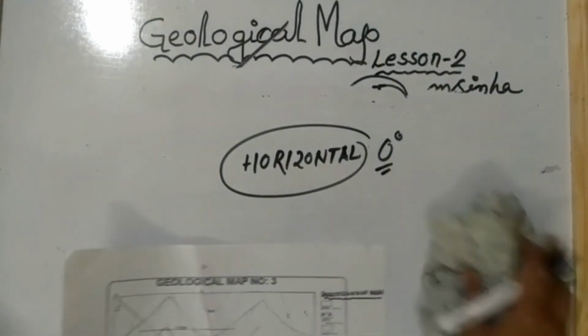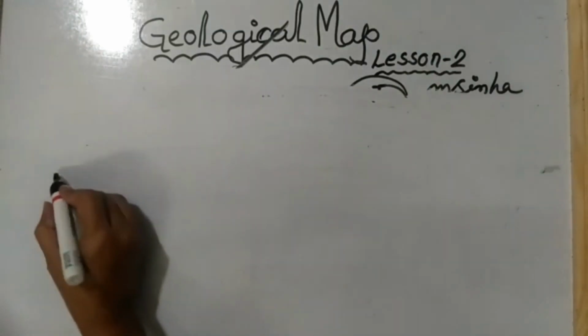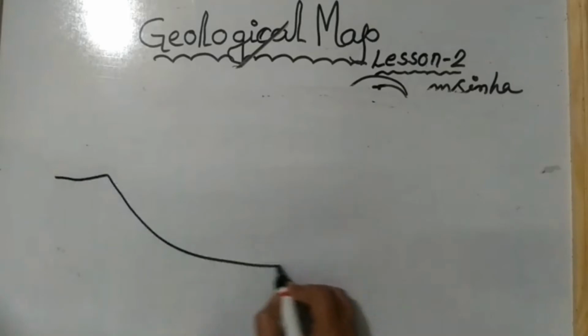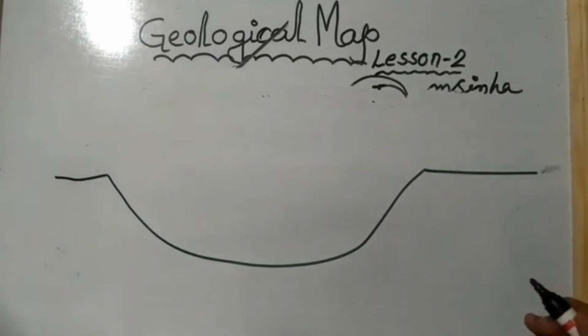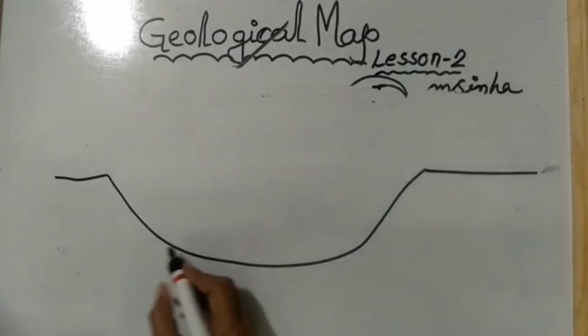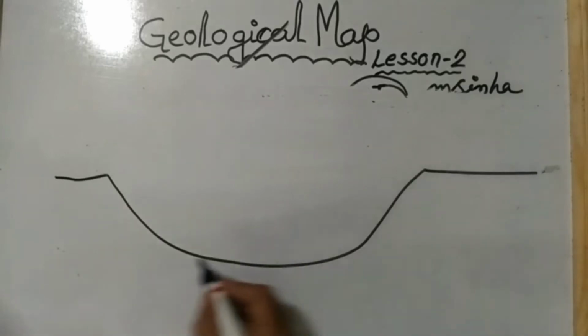Now come to another point. I told you that geological maps are of marine origin, and all the layers are mainly sedimentary. A few layers are metamorphic rock. Tectonic activities are very important in a geological map.